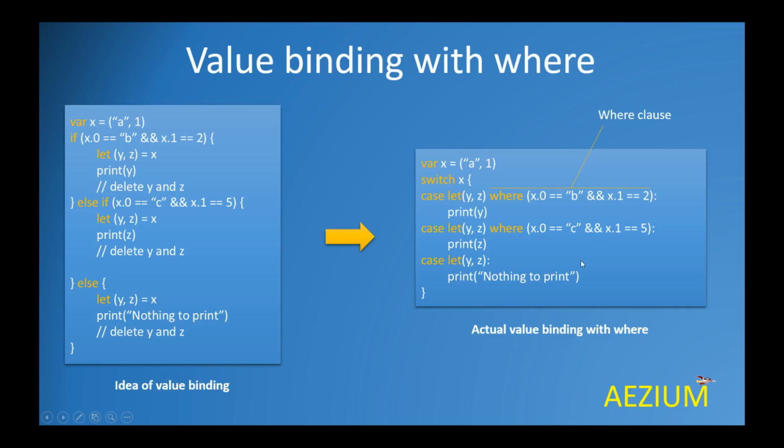Finally, because we don't have a where clause here, that means if the first two cases are not successful, then we use this case, which is effectively the default case, and we assign the elements of x directly to y and z, which are declared by this, and then use them within the body of this very last case.